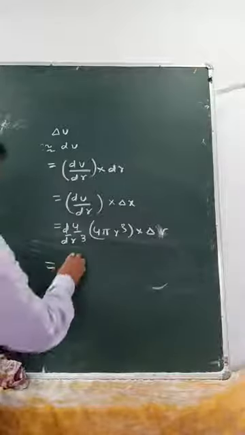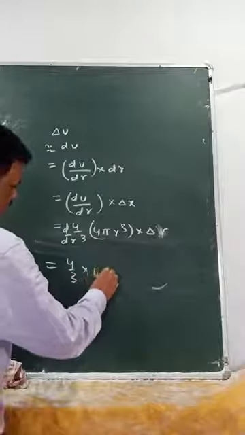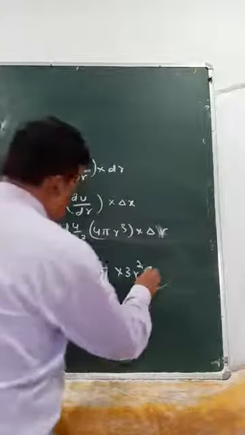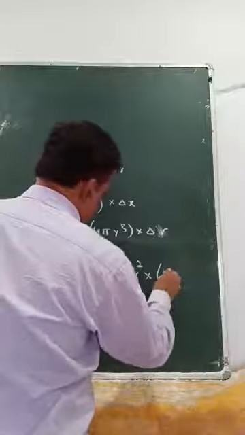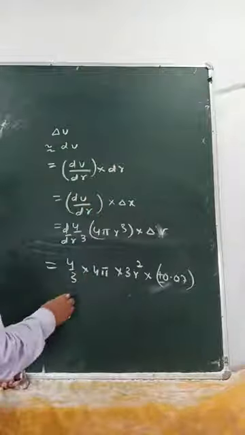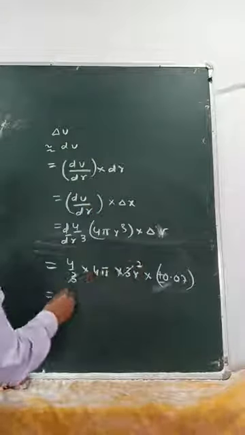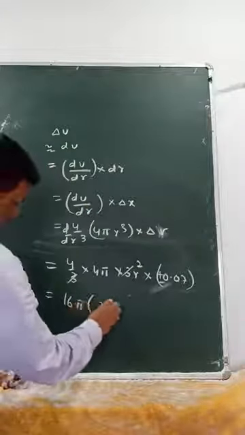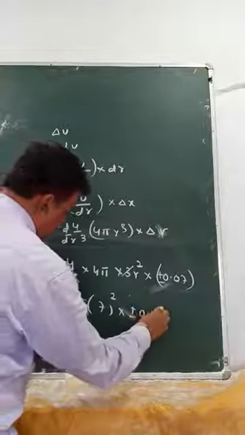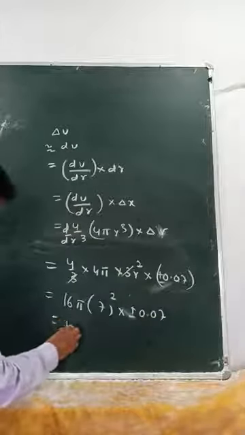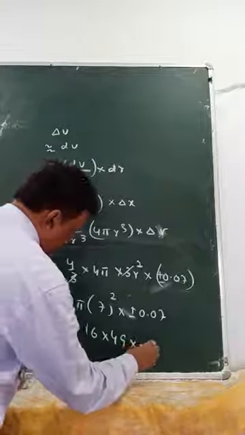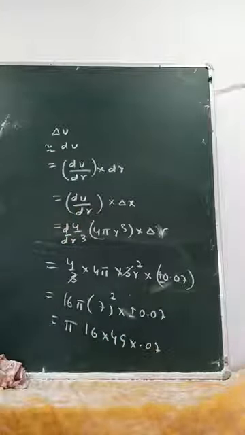So 4 by 3 into 3 pi r square into plus minus 0.02. Please cancel. 4 pi r square, that is 4 pi into 7 square, into plus minus 0.02.